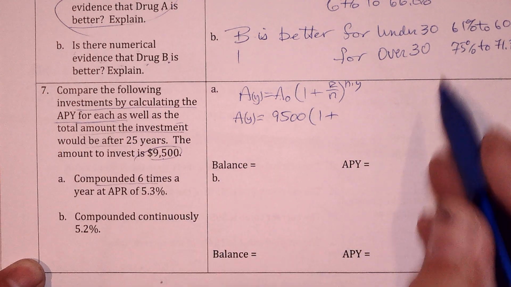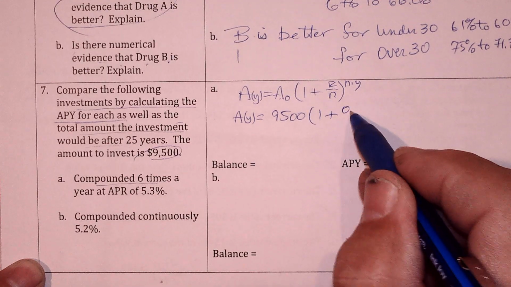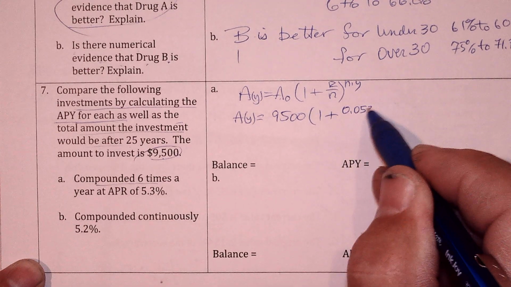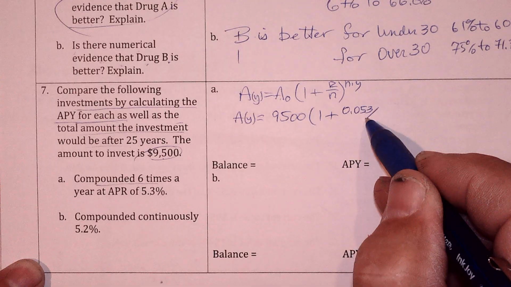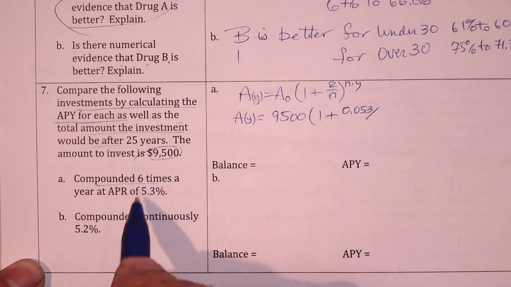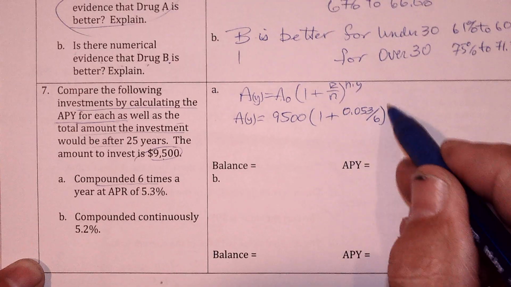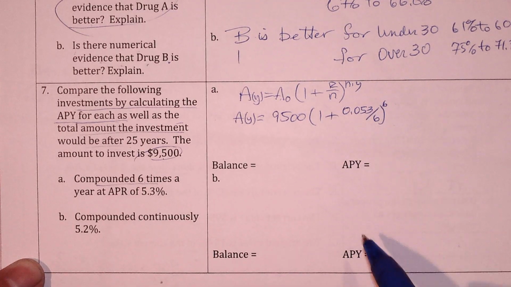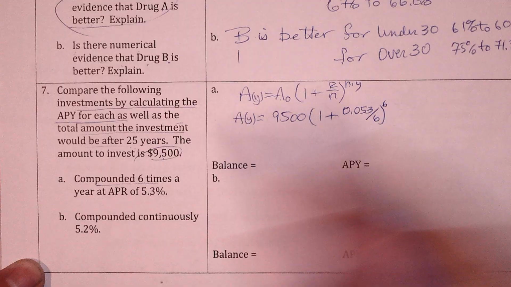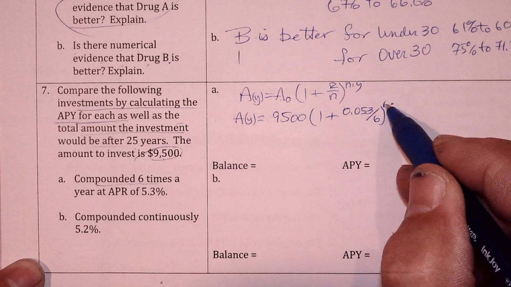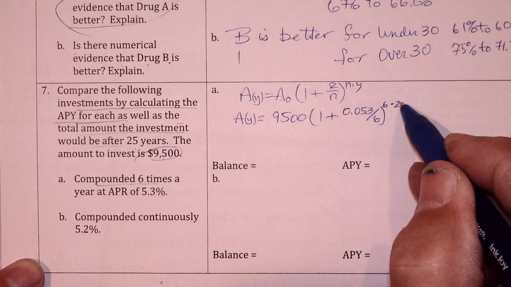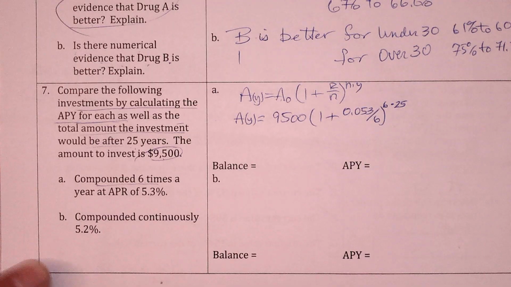is 5.3, so that's 0.053 divided by 6 times a year, and so all this to the 6th power, and for 25 years, so 6 times each year for 25 years, so we have to take 6 times 25 for the power.